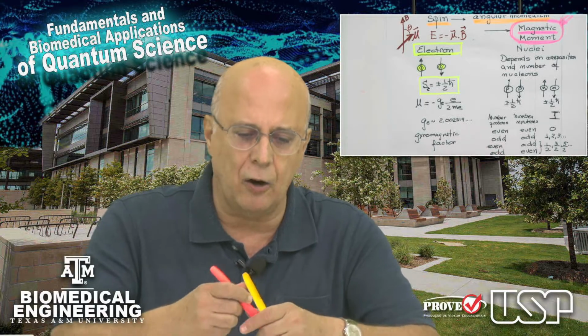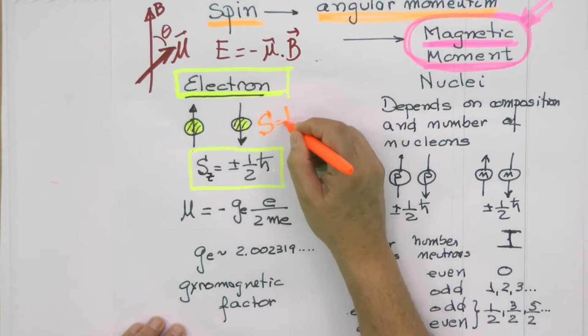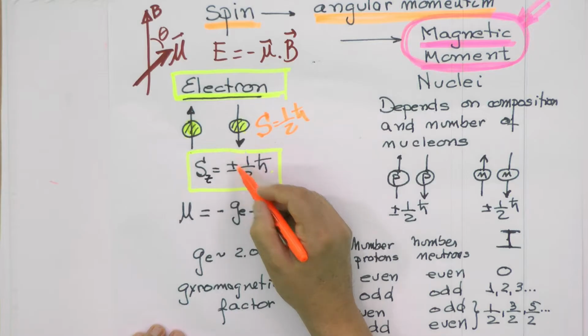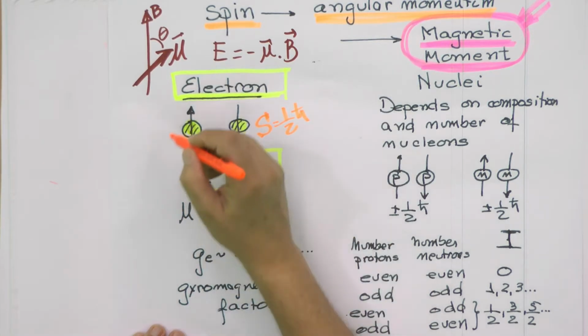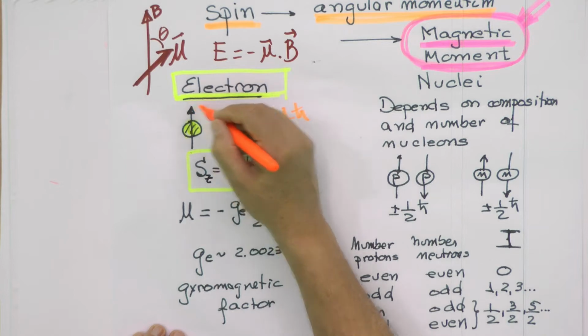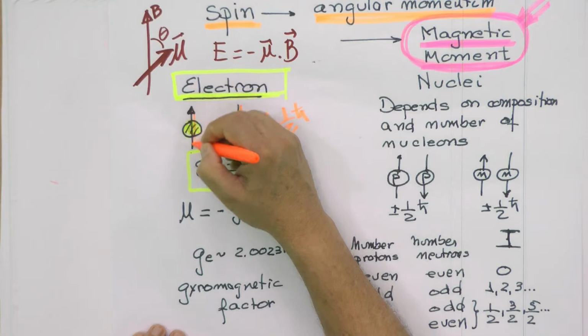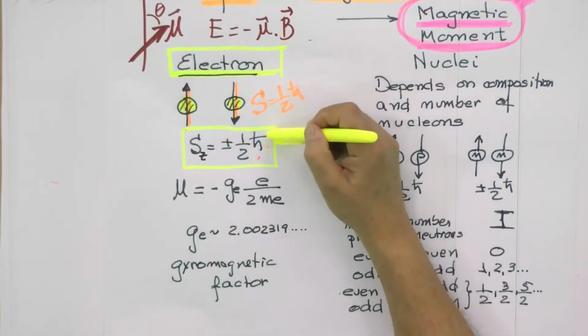The spin itself has a value of half h bar, but the component can be either plus or minus half of h bar, because the spin can either be pointing up or down, in our common language that we learn in school. And this is a property of the electron.